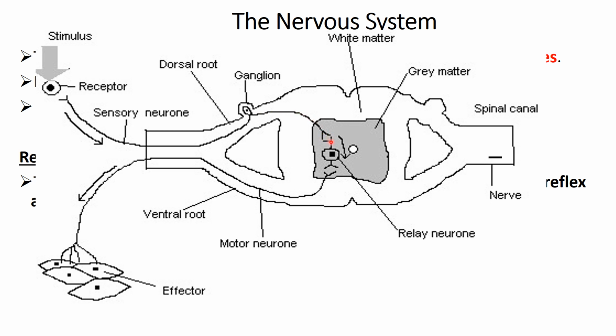In the central nervous system, the relay neuron is going to collect information from the sensory neuron and relay it to the motor neuron. The motor neuron now is going to take this information to the effector, which are the muscles which are going to make sure that the eye closes. Okay, so that's how a reflex action occurs.